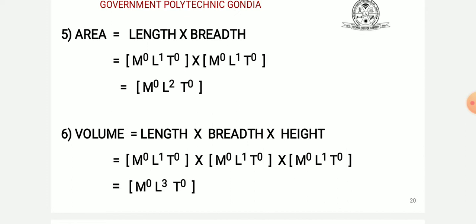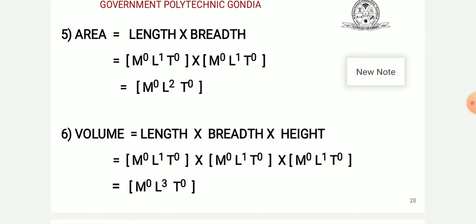Now we use a formula of mathematics: when the bases are the same, we add only the indices. Now see, m raised to power 0 in length and m raised to power 0 in breadth. So 0 plus 0 is 0, and the final answer is m raised to power 0. L raised to power 1 is of length, and L raised to power 1 is of breadth.